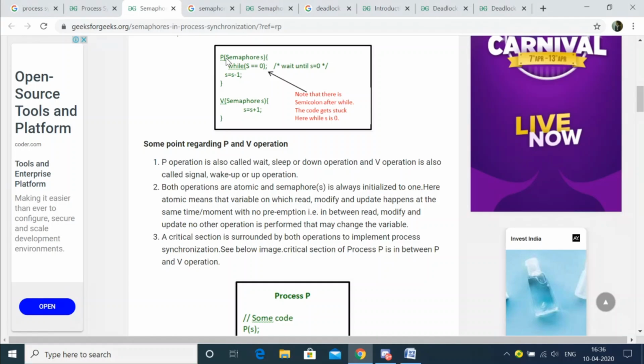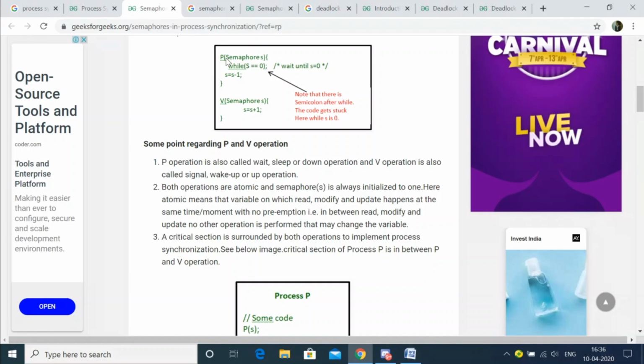In this image, the critical section of process P is in between P and V. This P of S is basically the wait operation. This bold P is the process P. This bold P and this P(S) are not the same.